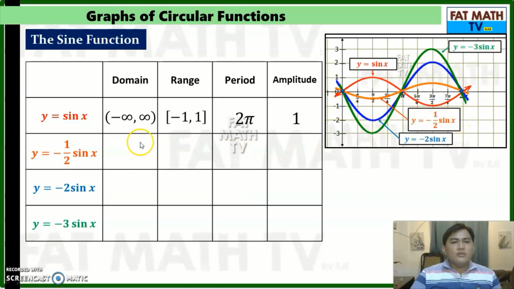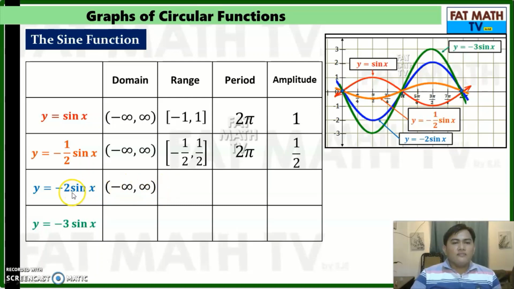Okay, let's go into the domain, range, period, and amplitude of these three functions. Domain for all of them is the set of real numbers. And then the range for negative 1/2 sine x: lowest is negative 1/2, highest is positive 1/2, so that's from negative 1/2 to positive 1/2. Same period, and the amplitude is the absolute value of negative 1/2, so that is 1/2. Same here, the domain is the set of all real numbers.